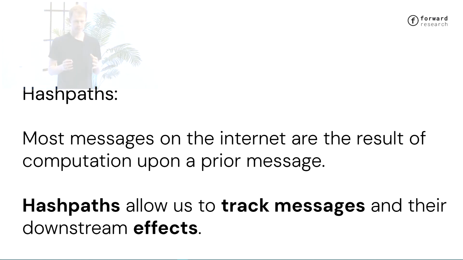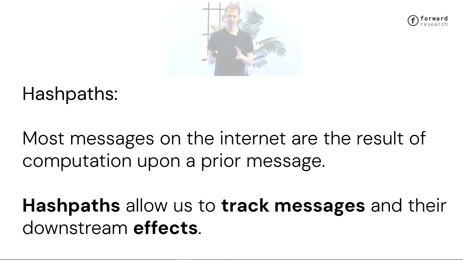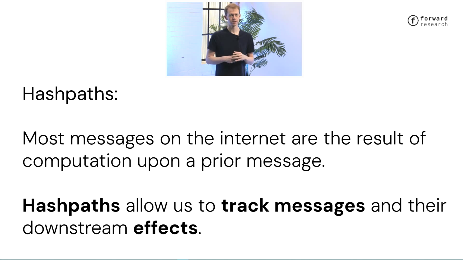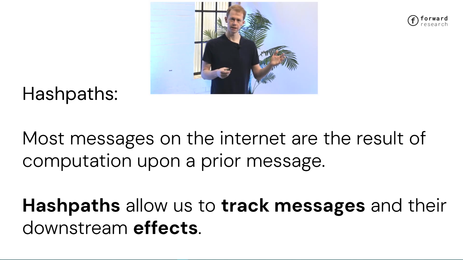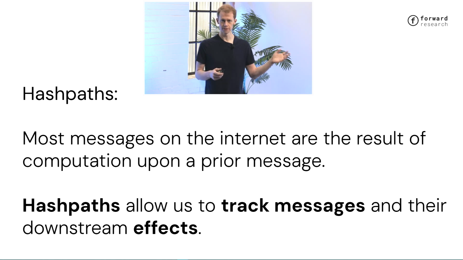The other building block that makes up AO Core is hashpaths. Most messages on the internet that are returned, for example, let's think about the bank telling the exchange that the user has deposited their funds, and then the exchange telling the user in their web browser, this is your balance. These are linked interactions, if you will.